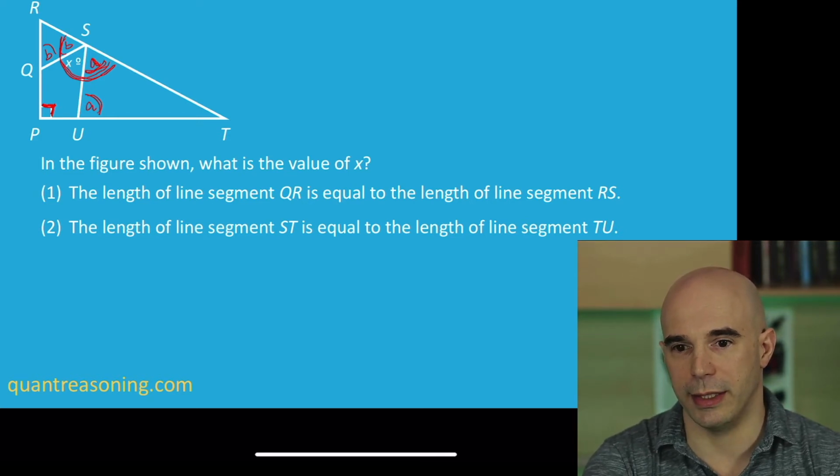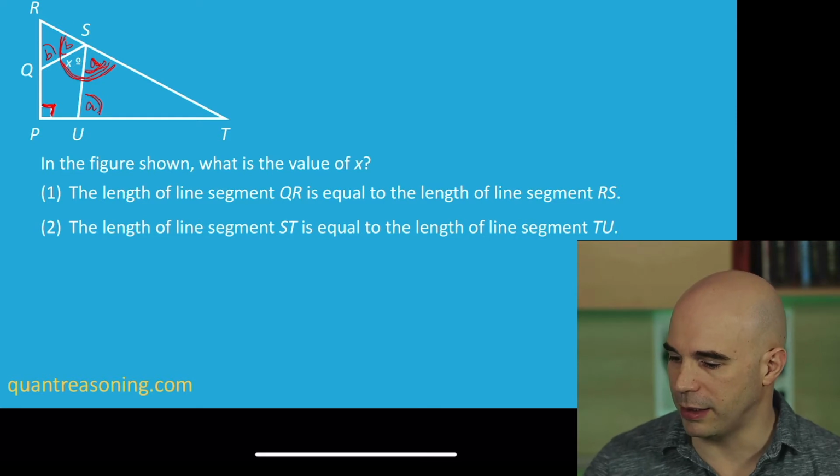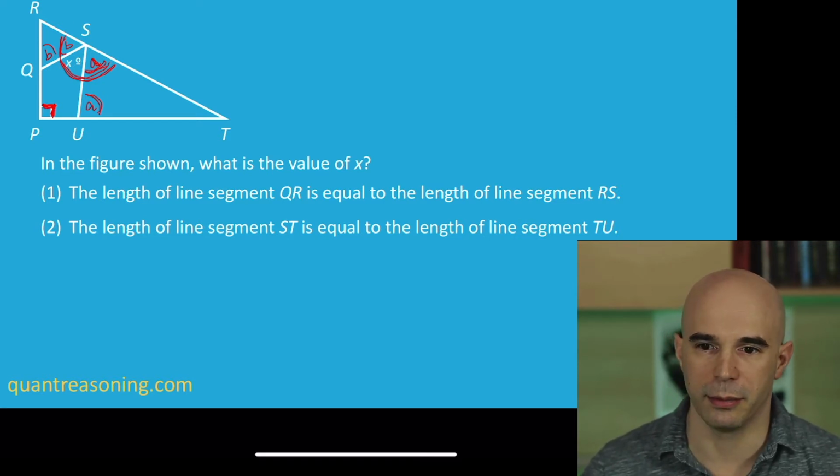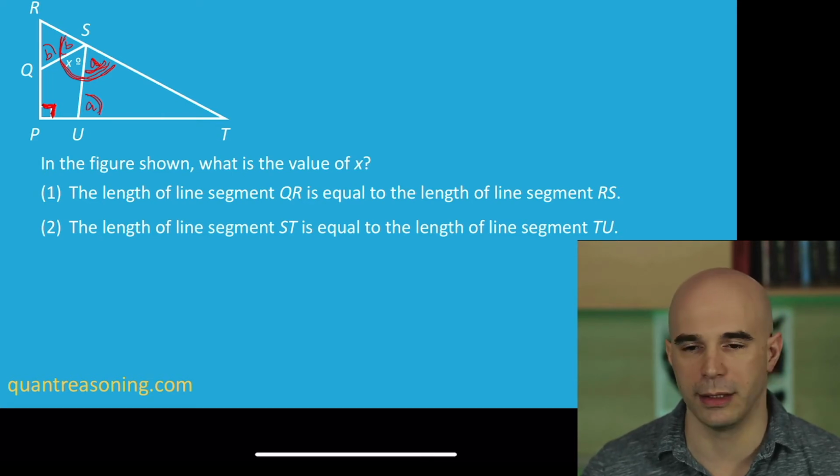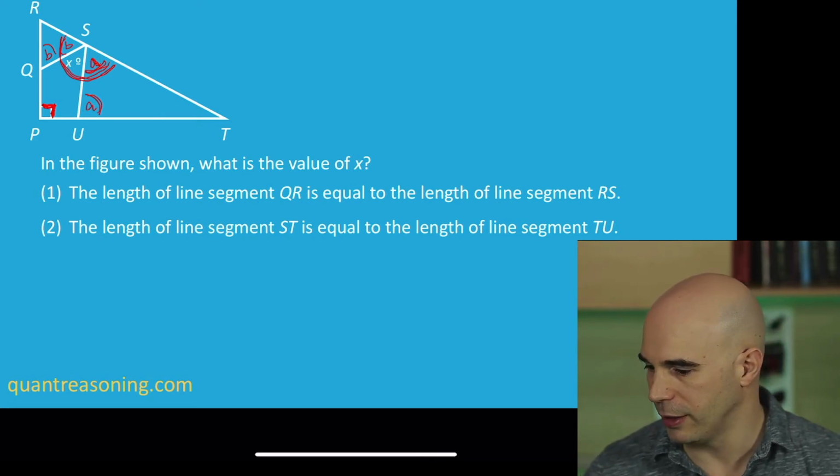Now we can also say that angle R plus angle T are 90, because angle P is 90 and the sum of the angles in the big triangle is 180. I'm just going to keep calling them R and T. So angle R plus angle T together is 90.